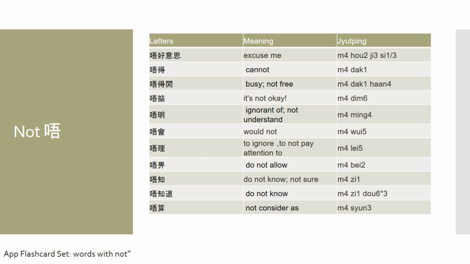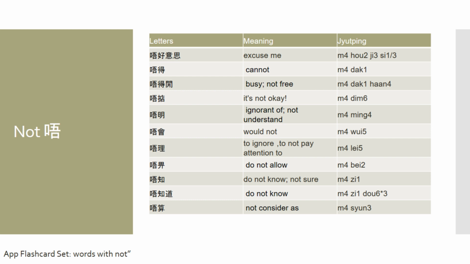Do not know or not sure in Cantonese is 唔知. Now, if you want to say do not know in Cantonese, also can be 唔知道. And the meaning between 唔知 and 唔知道 is the same.